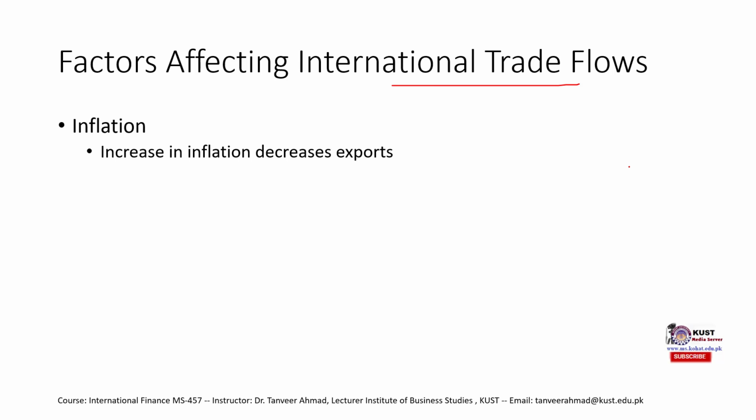Now, you remember that international trade flow had to do with exports and imports. And if exports were greater than imports, then we had a surplus, or balance of trade surplus.